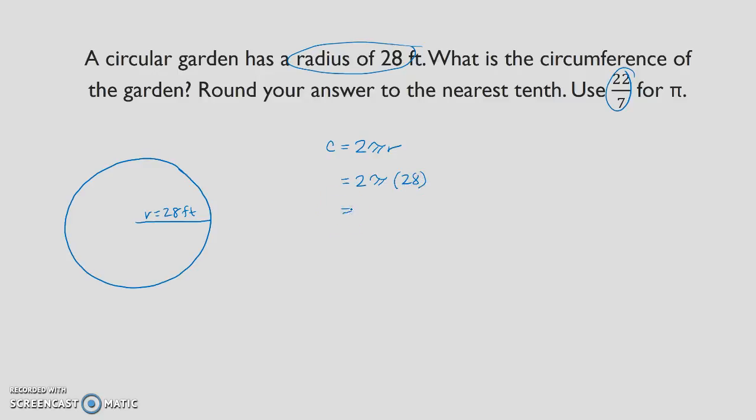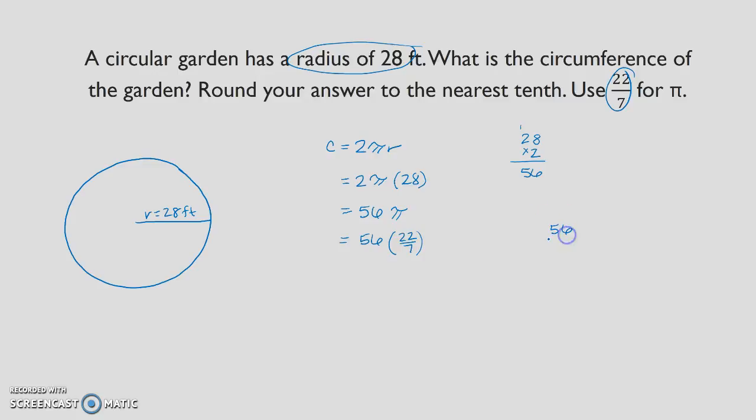Next, I'm going to multiply 2 times my radius, so 28 times 2. 2 times 8 is 16. 2 times 2 is 4, plus 1 is 5. So we have 56 pi. Let me plug in pi. Sorry, 56 times 22 over 7. So I'm going to go off over here and multiply.